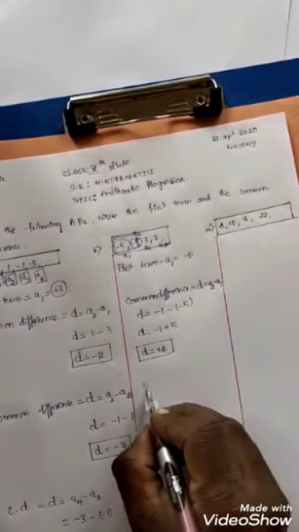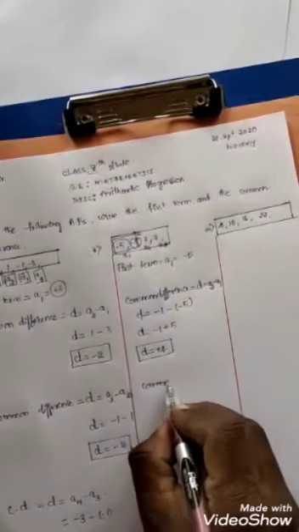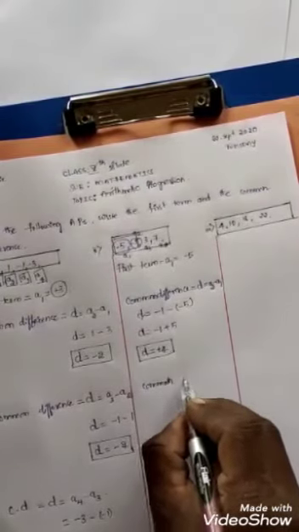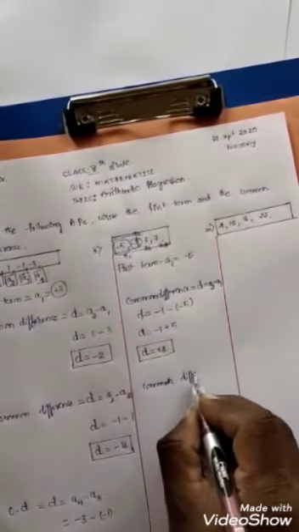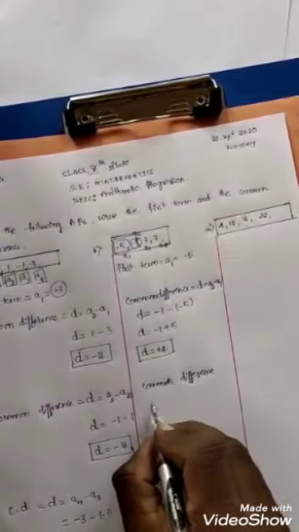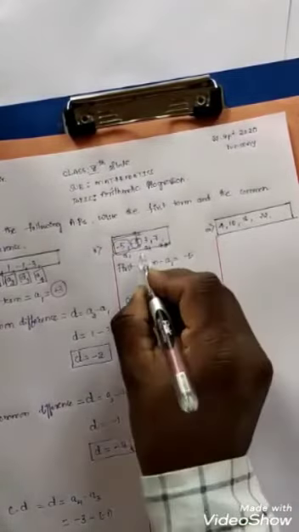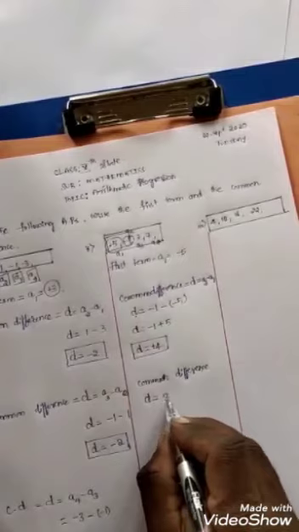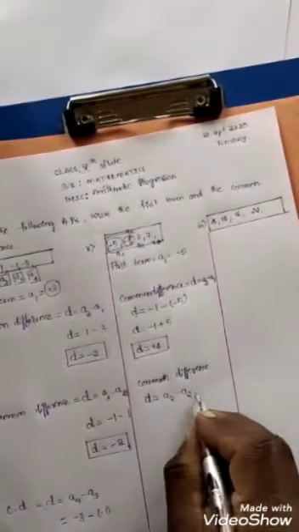Again, I am going to find the common difference between the next two consecutive terms, that is A3 minus A2.